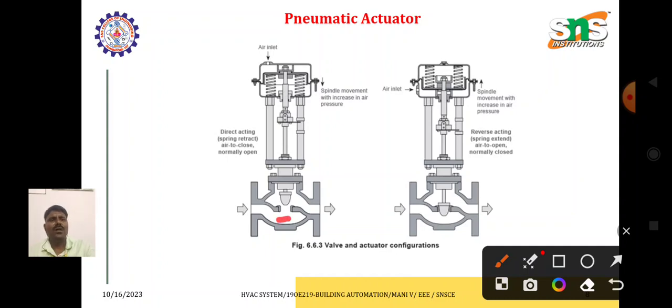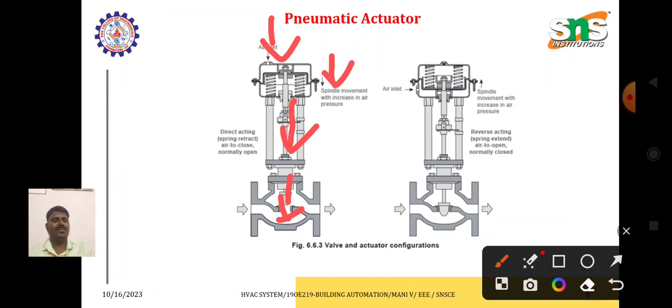The high pressurized air is supplied at the top of the actuator and pushes on the entire area, so that the piston moves downwards, and the gap is closed. So that we are able to control the flow of liquid, water or gas.